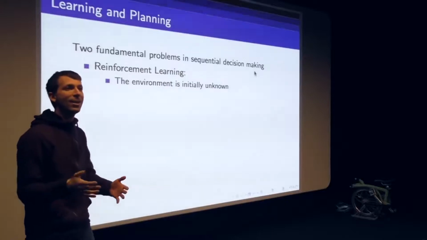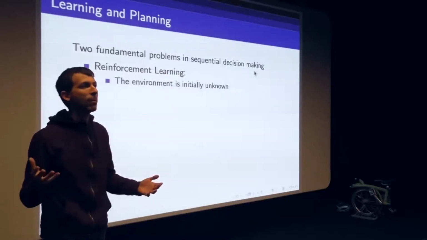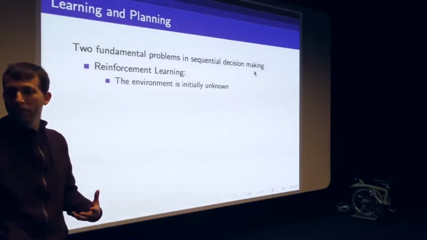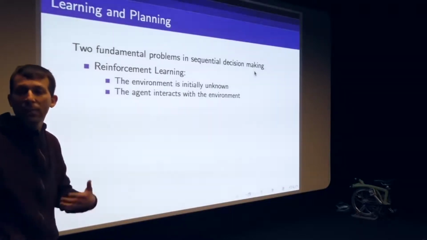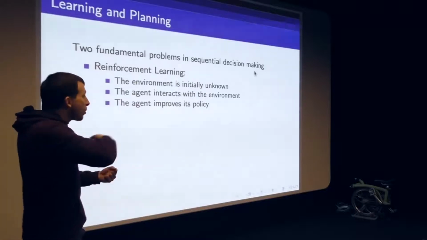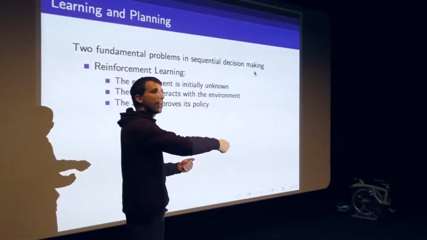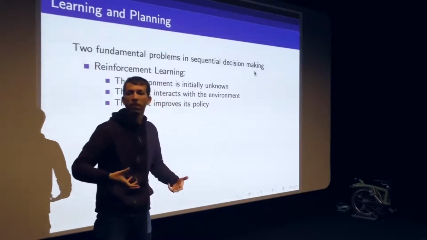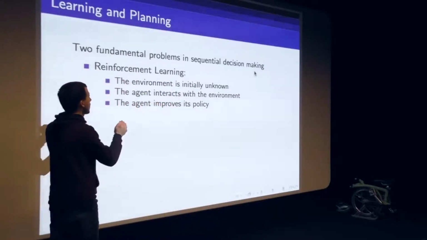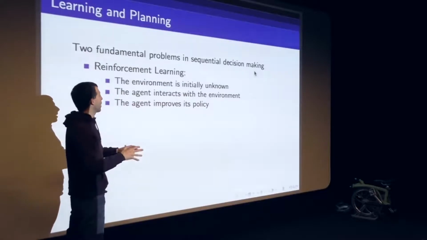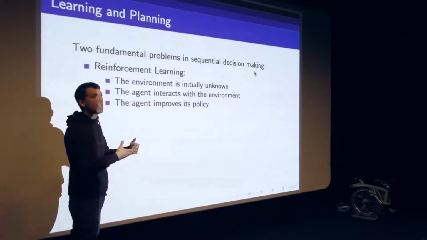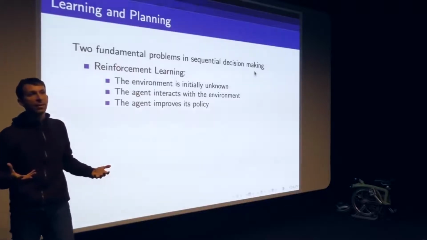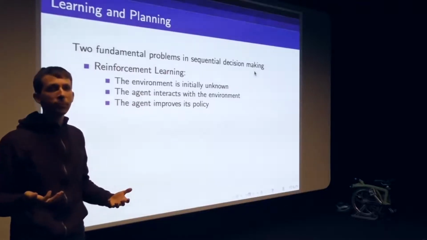You don't tell it how the wind blows or how the factory operates. It just figures stuff out for itself. And the way it does that is by interacting with the environment, and through those interactions, figuring out a better policy that's going to maximize reward and get the most possible future reward. So this is the reinforcement learning problem. It doesn't know about the environment, interacts with it, essentially through trial and error learning, figures out the best way to behave within that environment and maximize its reward.